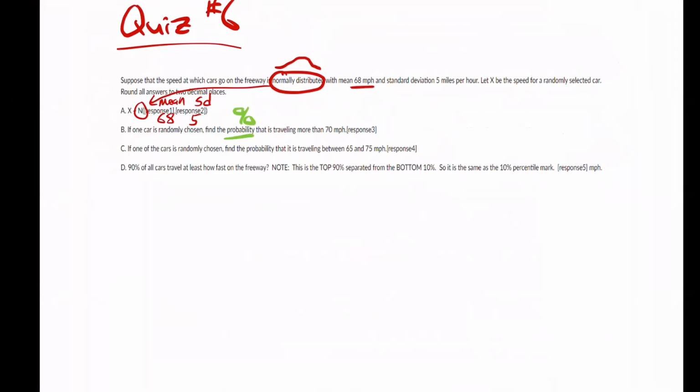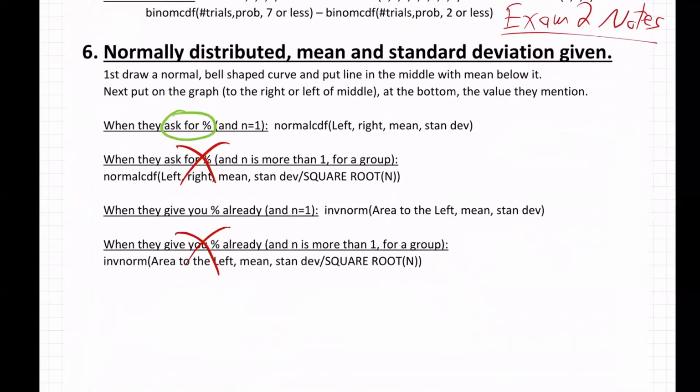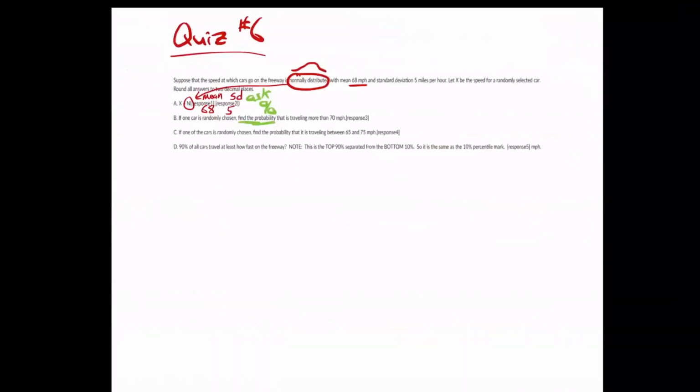Probability is percentage. If I said, what's the probability of rain today? You might say 5%. So they're asking for a percentage, aren't they? So we're going to use normal CDF. All right, so that's what the notes tell us.